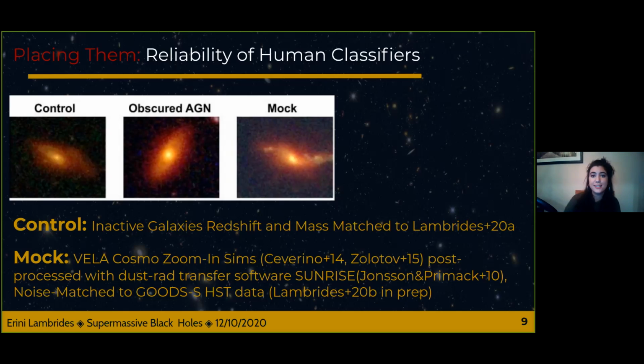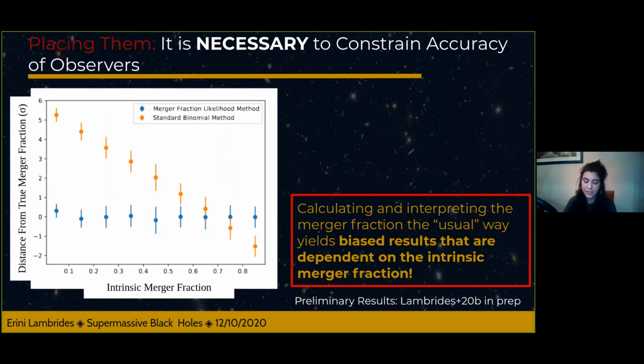It's kind of viewed as a necessary evil in some cases. And we wanted to know in paper 2, what was the reliability of human classifiers, and could we build a statistical model to encapsulate the potential bias a human might have when classifying a galaxy. And one of the really big takeaways that we got from this is that it is necessary to try to constrain the accuracy of observers.